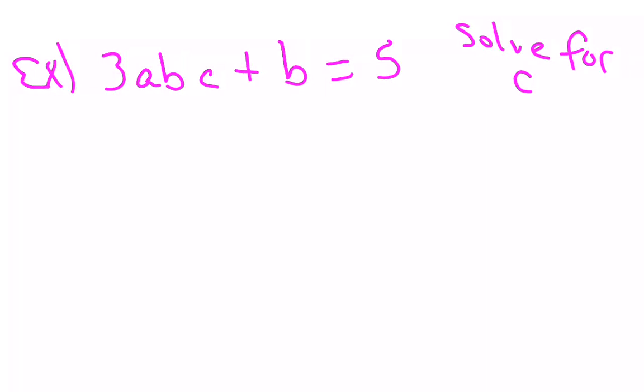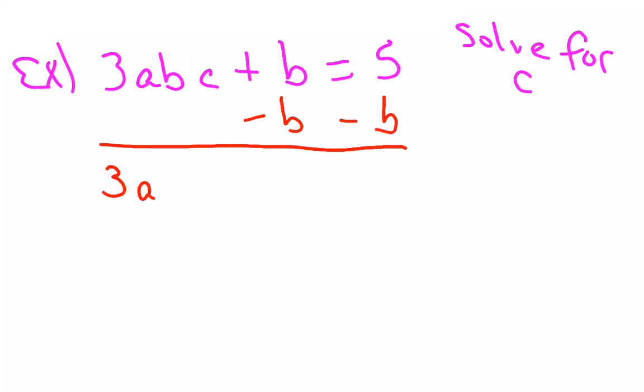So 3abc all squished together. We have this plus b hanging out there, so we're going to go ahead and subtract b from both sides. So now we have 3abc, b minus b is 0, and we have 5 minus b on the right side. All right, so now we have 3abc all squished together.